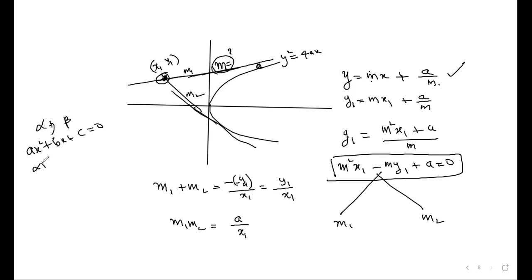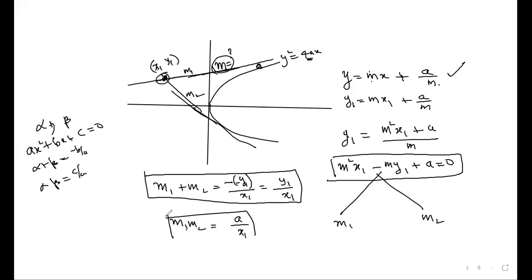Yes, sir. Alpha plus beta is minus b by a, and alpha into beta is c by a. So I applied that. m1 and m2 are the roots of it. So sum of the roots is y1 divided by x1, and product of the roots is a by x1. This formula you have to remember.